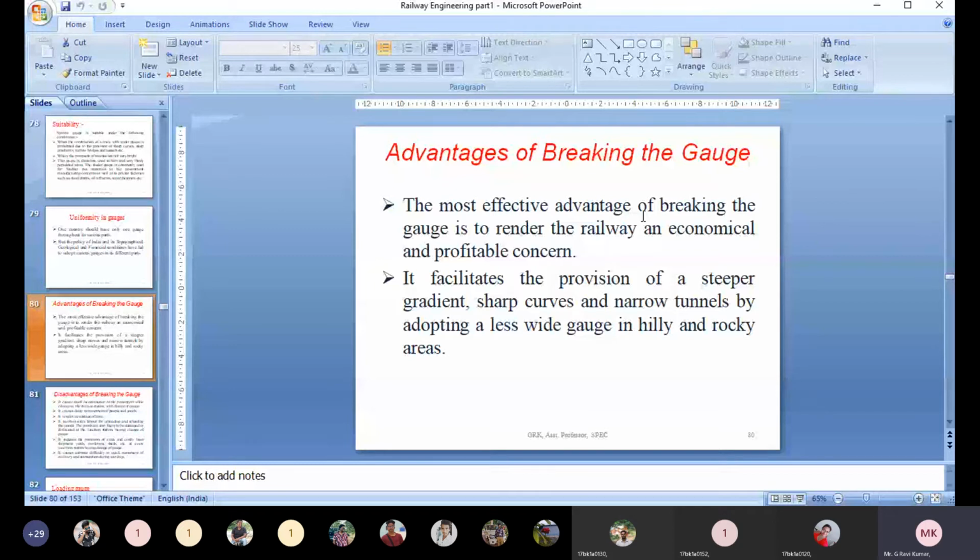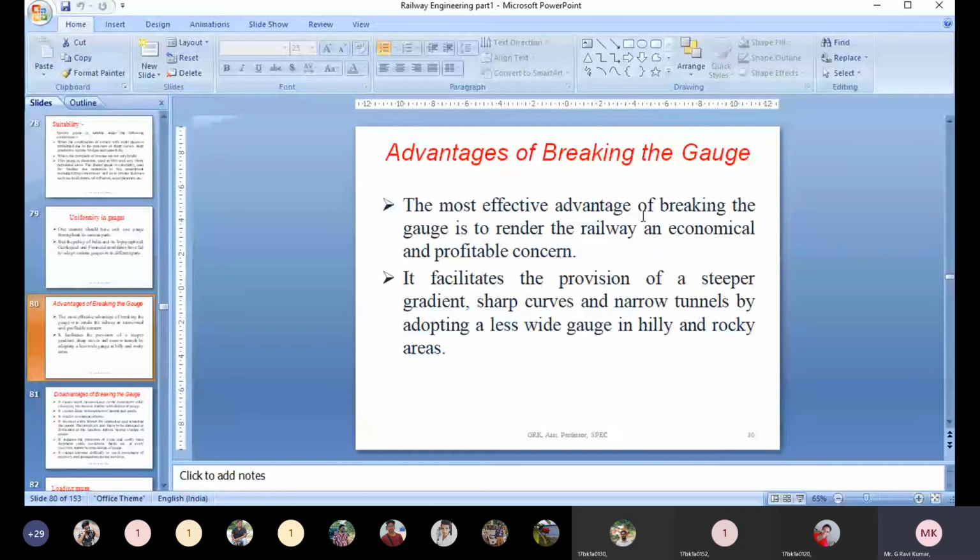It means in most cases, the break of gauge may be made wherever the direction of the route changes, or wherever tunnels or bridges need to be provided. Understand now? In those cases, the breaking of gauge may be useful.